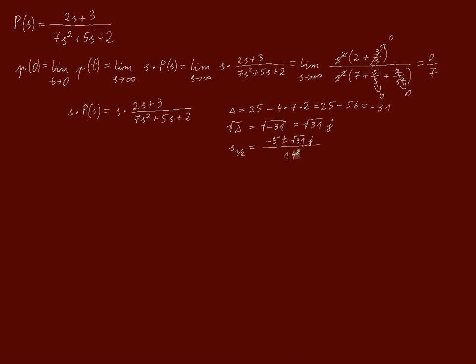We don't need the exact values of the poles. It is important that both poles are in the left half plane of the complex variable, so the final value exists.